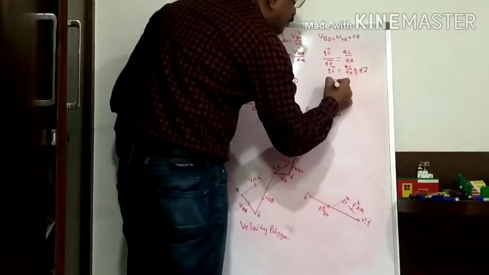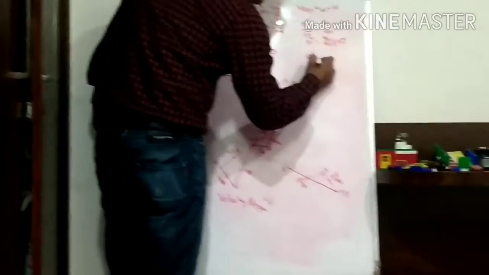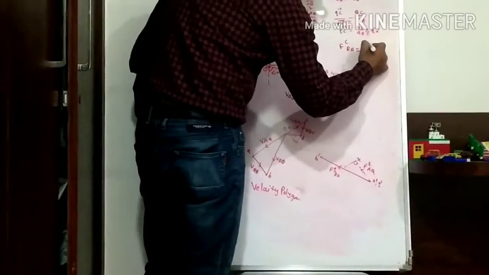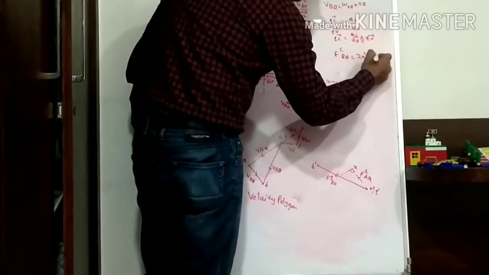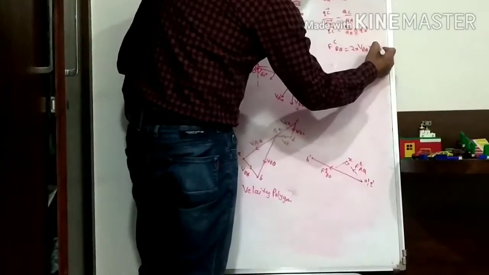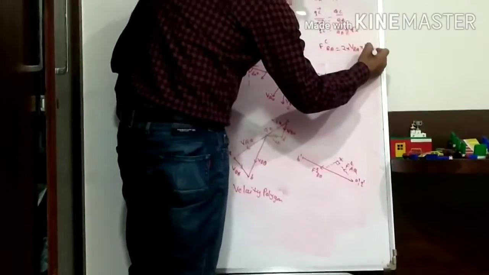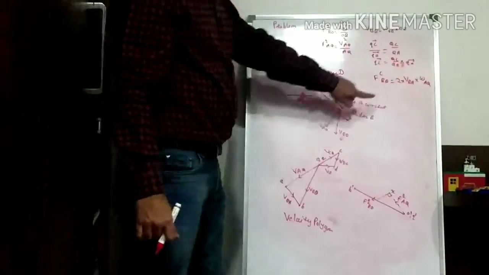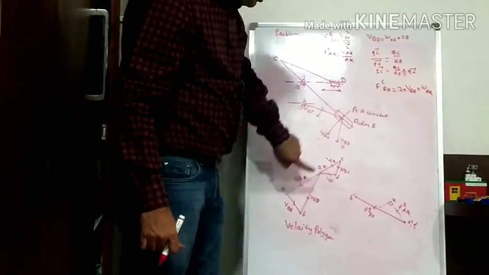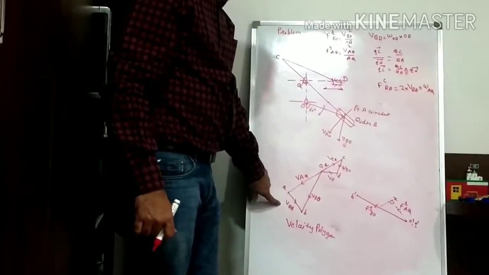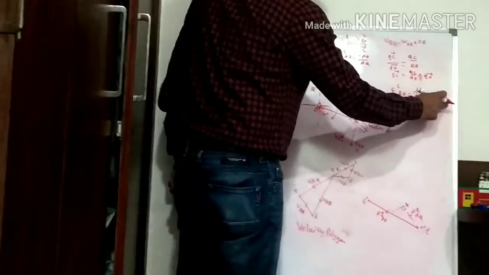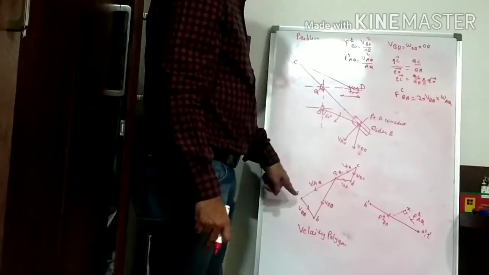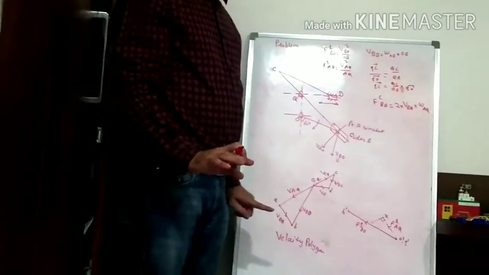The Coriolis component of acceleration of B with respect to A is equal to 2 into velocity of B with respect to A into omega of link AQ. So the velocity of B with respect to A, we will get from this velocity polygon. Then you have to find out the angular velocity of link AQ, also from the velocity polygon.